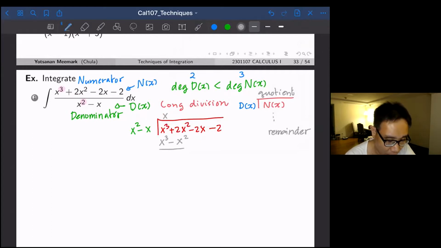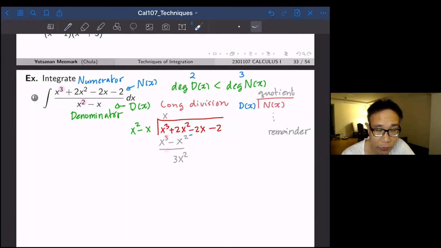Then you have 2x squared minus, and this is the subtraction, so 2x squared minus negative x squared gives you 3x squared. And x cubed minus x cubed is 0.